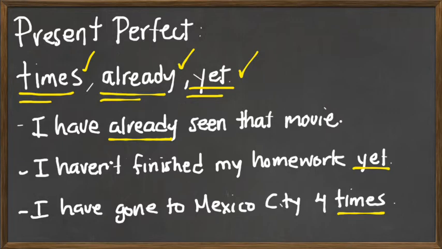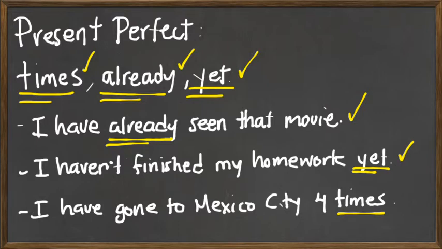Example with already. I have already seen that movie. In the second one, I haven't finished my homework yet. And in this one, there's our expression for the present perfect.